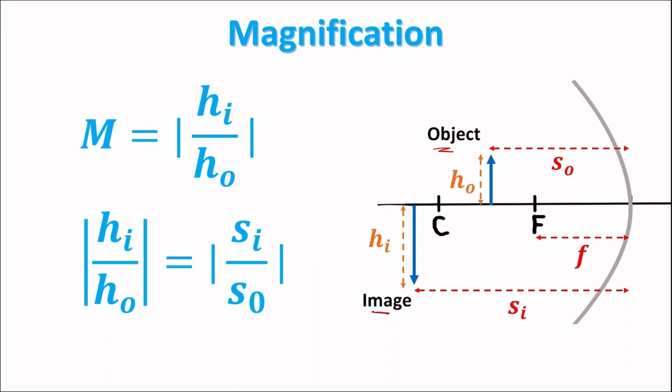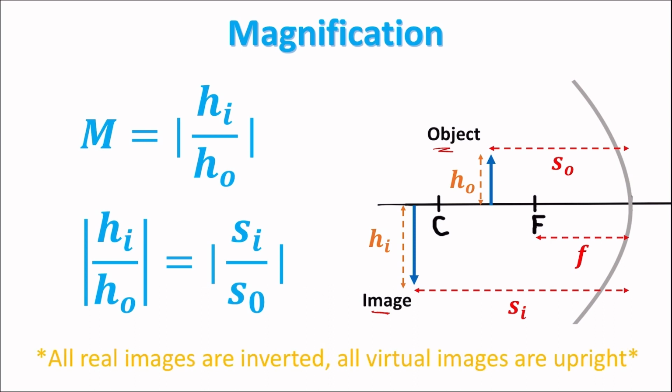Now this formula uses absolute value, since virtual images can have a negative value of SI. Magnification just gives a ratio of the size of the image to the object without referring to whether it's inverted or upright in AP Physics. But in the case of real images, all of them are inverted. In the case of virtual images, all of them are upright.